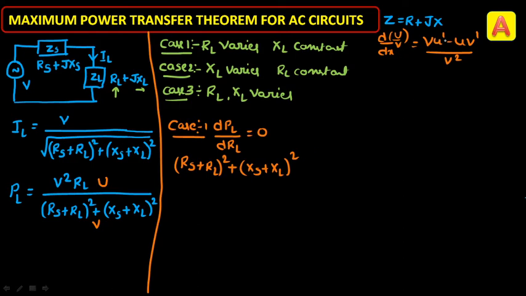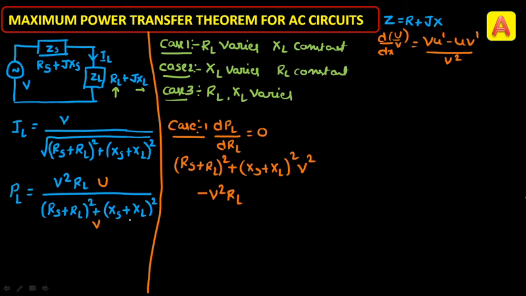V into U dash, where U is V square into RL, so U dash is V square, minus U, that is V square into RL, into V dash.